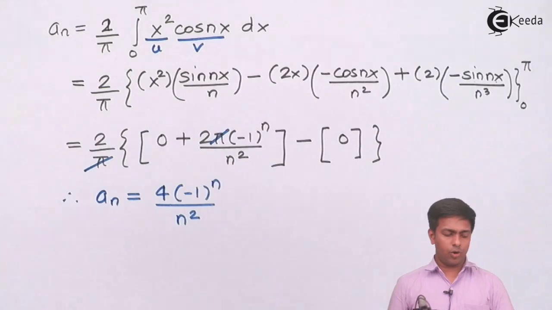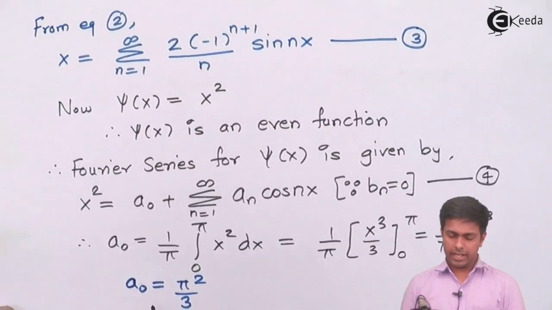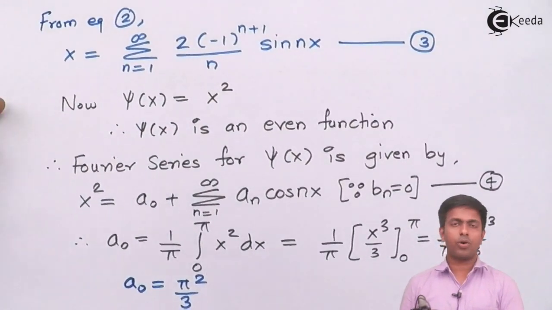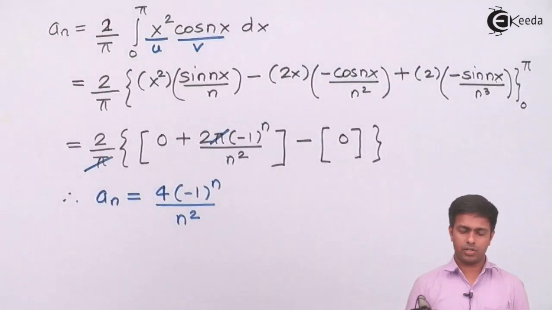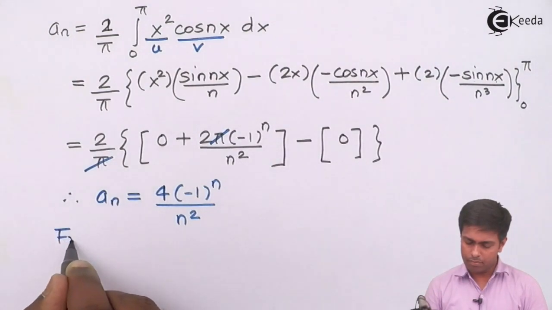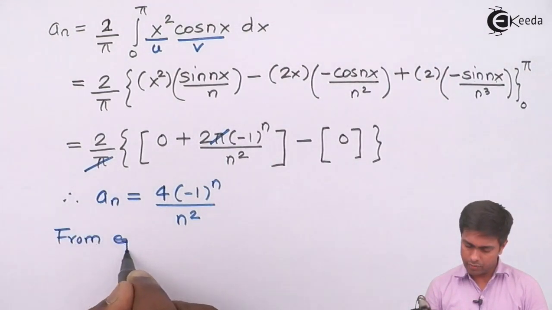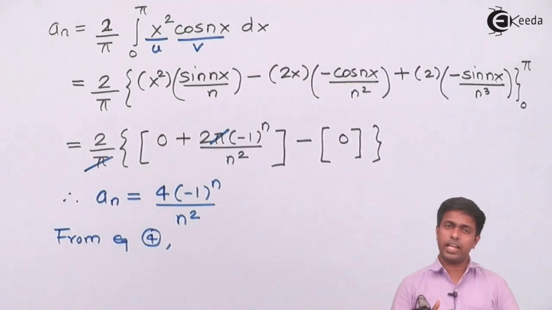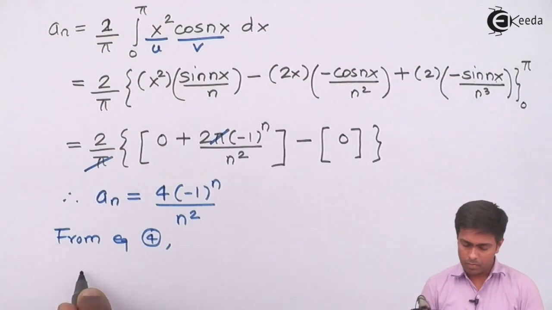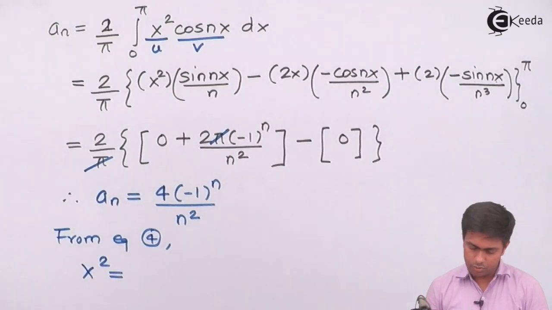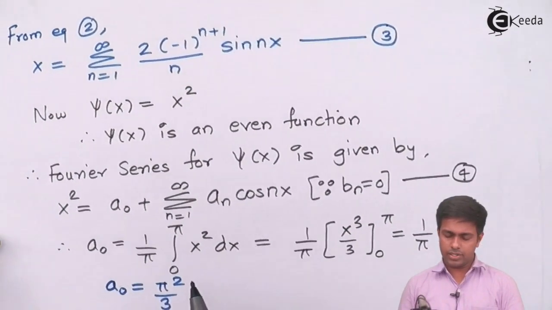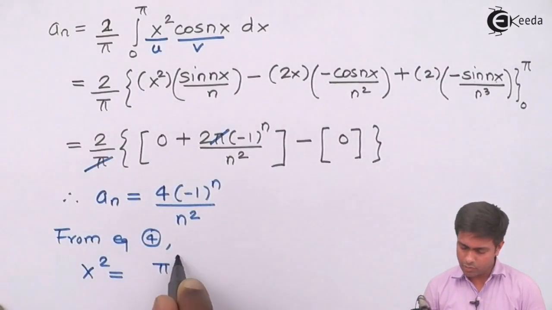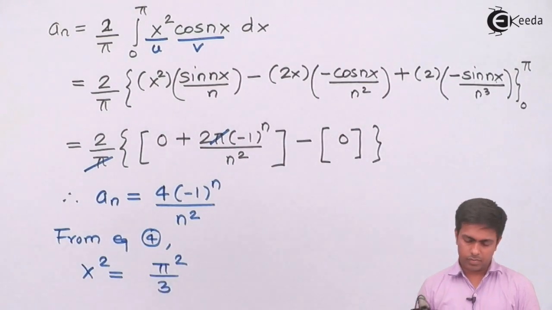Now we'll put this value of a naught and an in equation number 4 to get the Fourier series for x square. So from equation number 4, by substituting values of a naught and an, we will get x square equal to, first value is a naught, which is pi square by 3, so pi square upon 3.